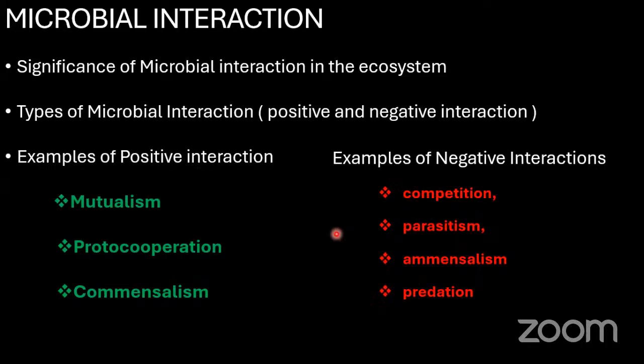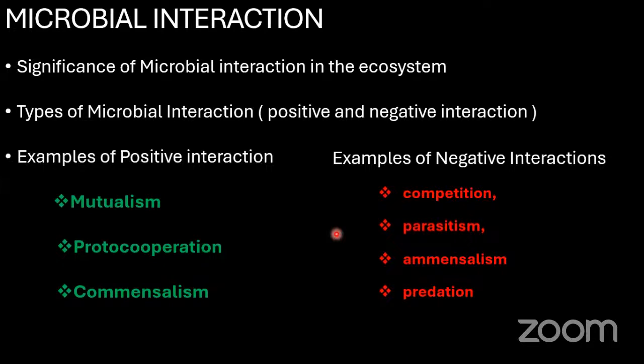Commensalism is a positive interaction where only one organism benefits, the other organism does not suffer and does not lose. It's okay for the other organism to allow the first organism to benefit from the relationship. An example of commensalism is the interaction between E. coli and Bacteroides in the intestine.